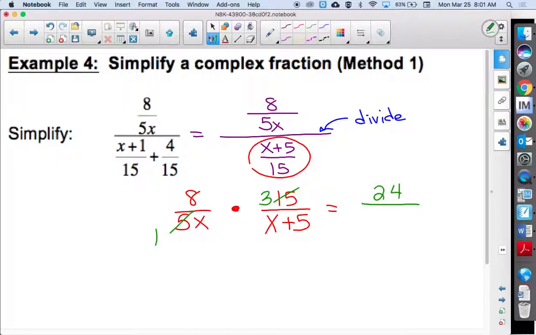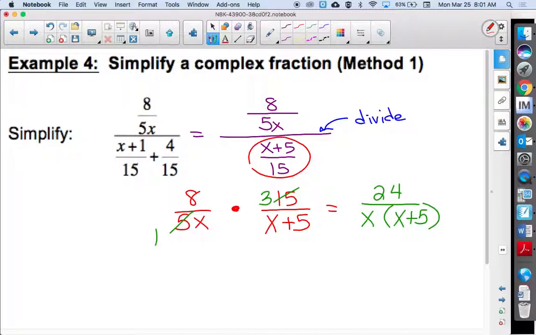And then in the denominator, I'm actually going to leave this in factored form. So there's an x of the first denominator, the x plus 5 of the second denominator. I'm just going to leave them as a separate quantity because something that's factored is considered simplified. So in all the problems that we worked with all year, we've been factoring them to try and break them down.